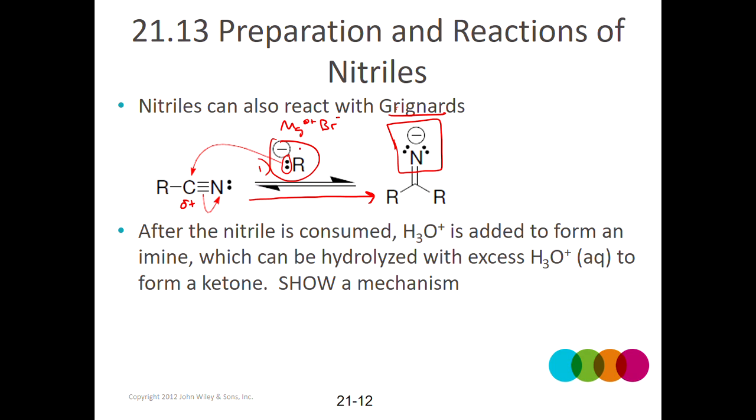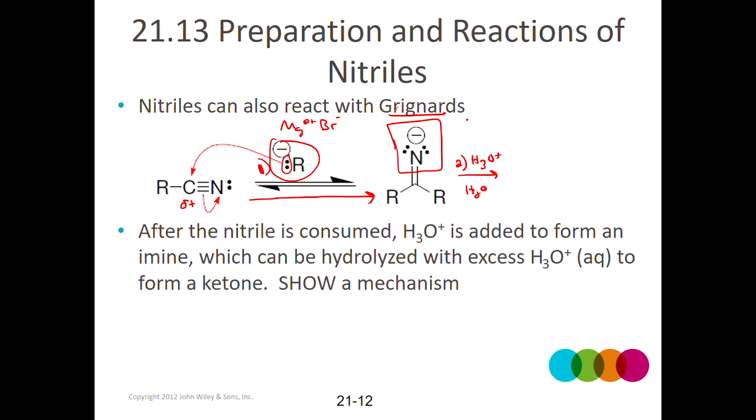And if I add enough Grignard, it should convert all these molecules into this iminium. Then what would happen is, in a second step, H3O plus and water would be used. So obviously, as always, we can't use any water or protons around the Grignard, because the Grignard would just pick up a proton. So that's why we have to do these in two steps.